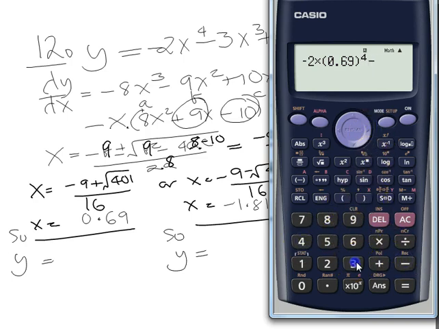Then it's minus 3 times bracket 0.69 bracket power cubed, wasn't it? Yeah? And then it was plus 5x squared. So it's plus 5 times bracket 0.69 bracket squared. Press equals. And we get, for this one, 0.94.